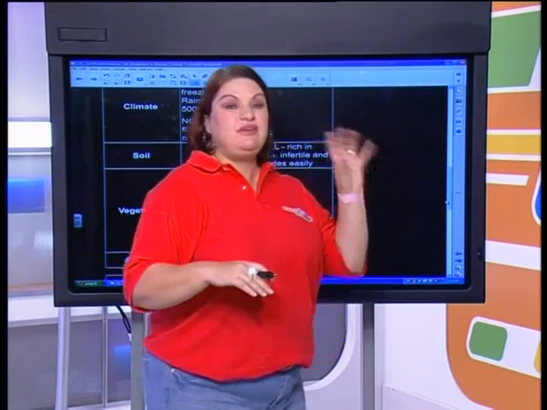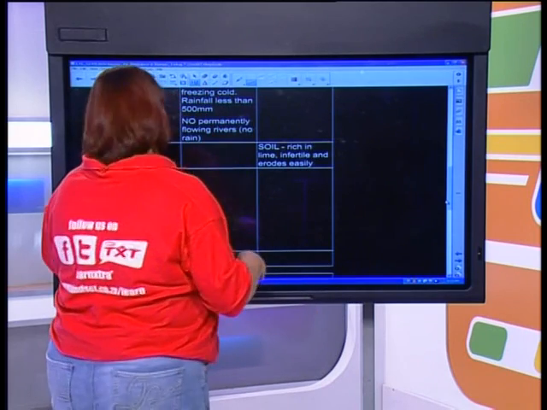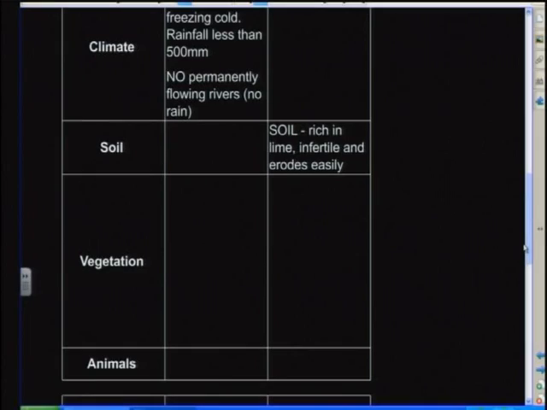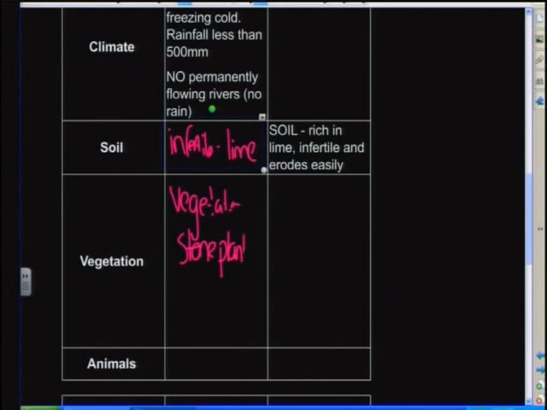So if there's very little rain, chances are the soil is very infertile, and it's also going to be rich in lime. Vegetation: here we're going to get stone plants. Now think, dry area, very little rain.